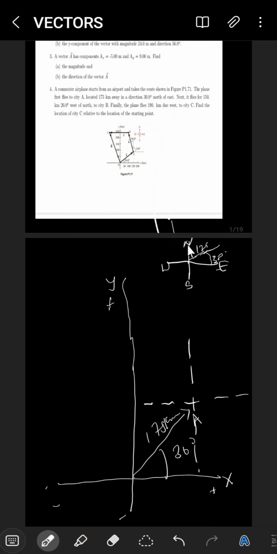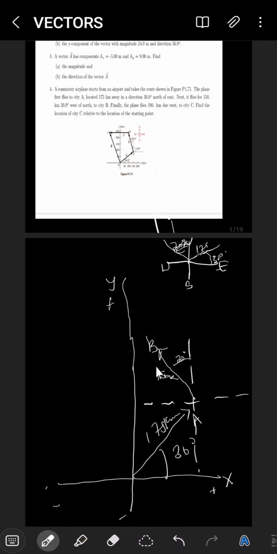We are saying it flies 150 kilometers, 20 degrees west of north. Again, by the compass, west of north is this: this is north, its west is moving this side, like that. Moving like that should make 20 degrees. So this should be your 20 degrees, this should be 150 kilometers.